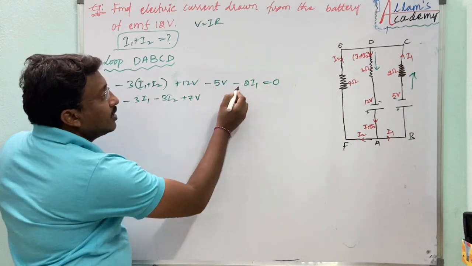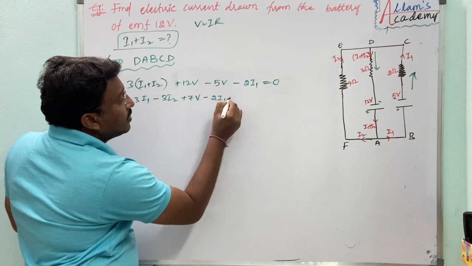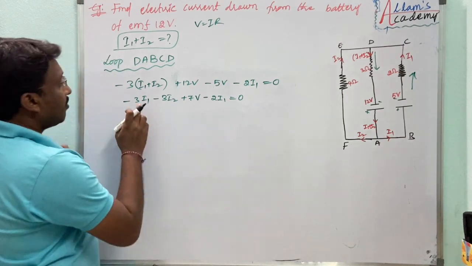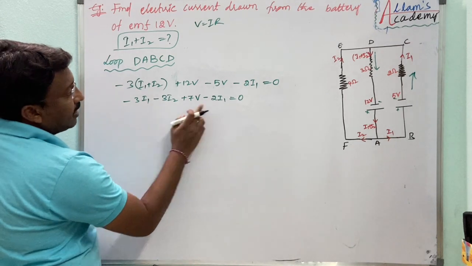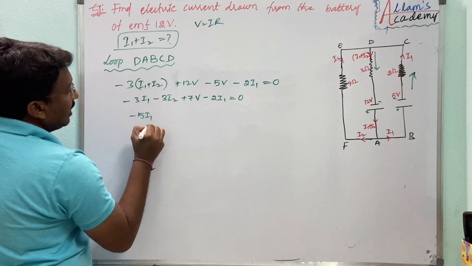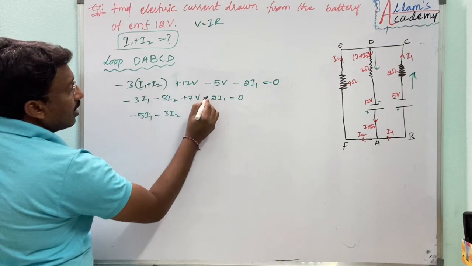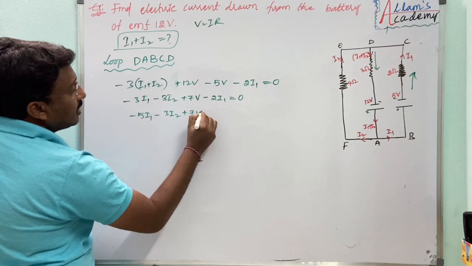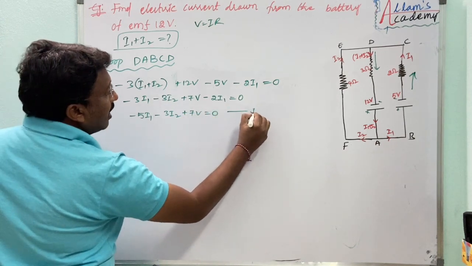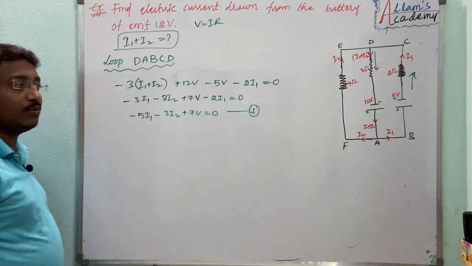So minus 2 I1 equal to 0. See here, minus 3 I1 minus 2 I1, so it becomes minus 5 I1 minus 3 I2 plus 7 volts equal to 0. This I will consider as equation 1 from the first loop.